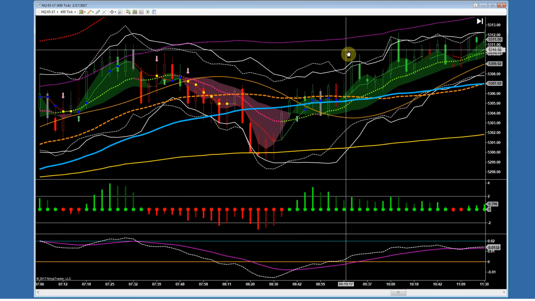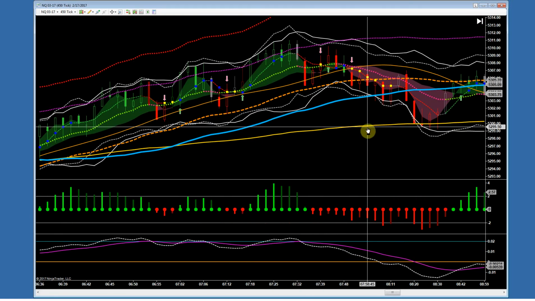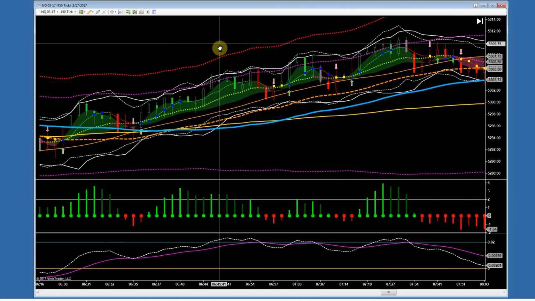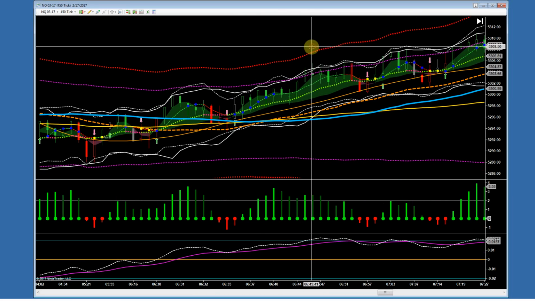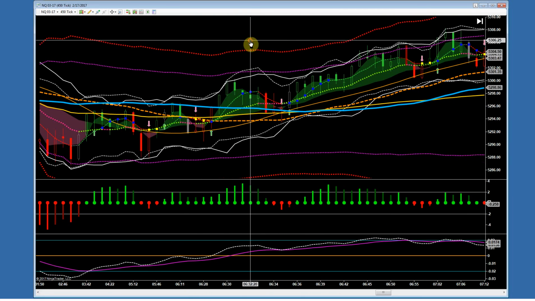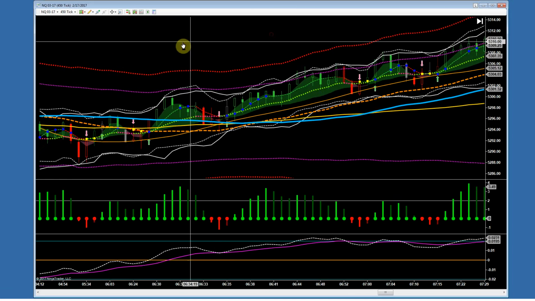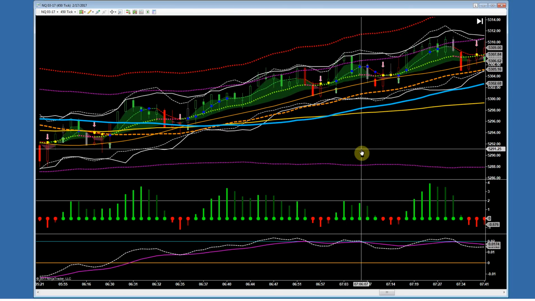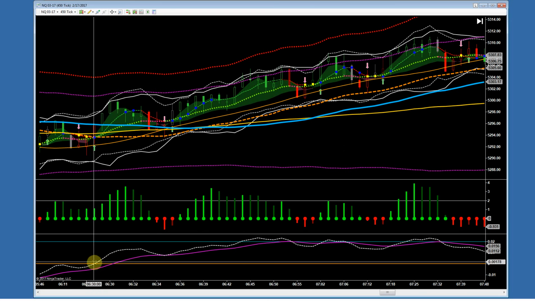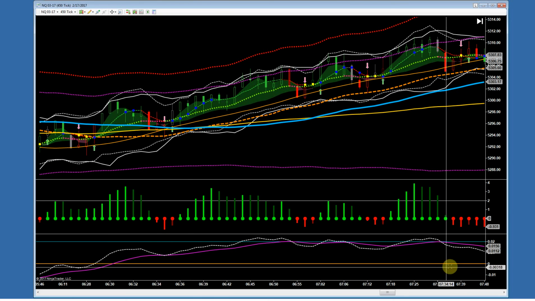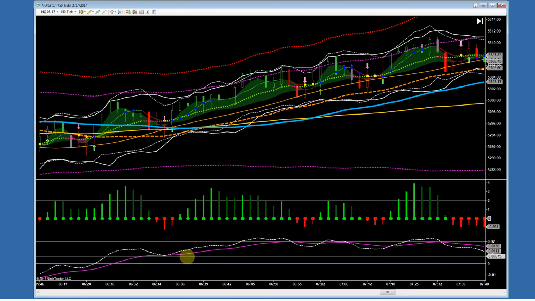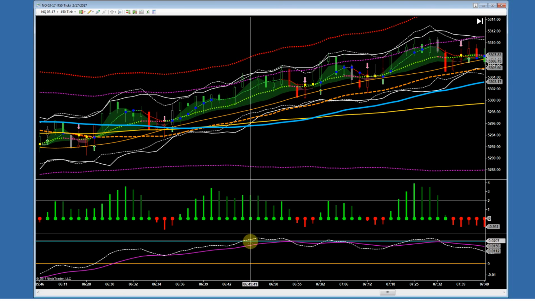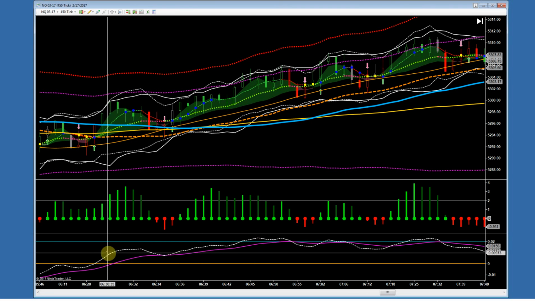Now going back over this, I want to show you real quickly the correlation with the Precision Trade Guide. Now the way the Precision Trade Guide works is that when the Precision Trade Guide crosses over this orange line, see it's a zero line, the first resistance is going to be up here at this blue level.